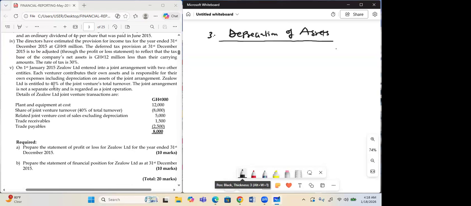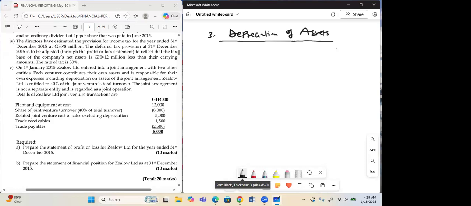Zillow Limited is entitled to 40% of the joint venture's total turnover. The joint arrangement is not a separate entity and is regarded as a joint operation. Details of Zillow Limited's joint venture transactions are as follows. Plant and equipment, 12,000. Share of joint venture turnover, 40%. Related joint venture cost of sales, excluding depreciation, 5,000. Trade receivables. So it means that there was a joint venture plant of 12,000.